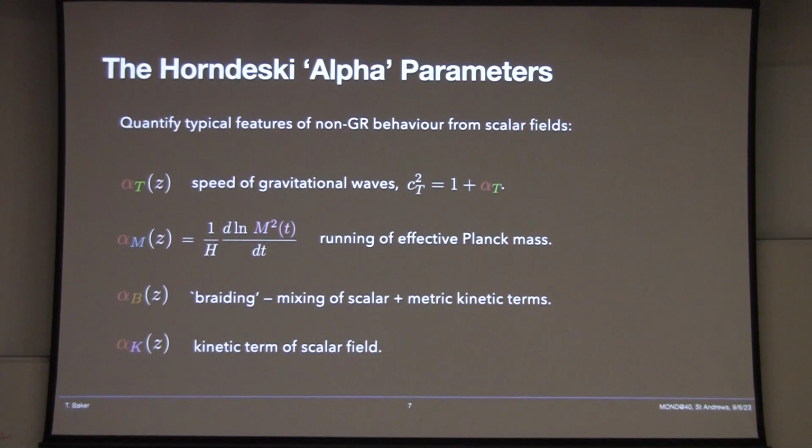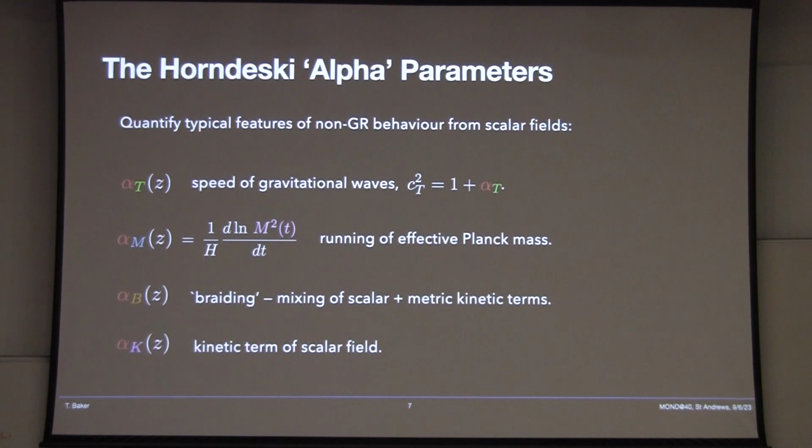So do we have a very canonical scalar degree of freedom in our theory, or have we got something with a very exotic kinetic term? That can happen in some theories of dark energy, like K-essence and camouflage. Those are our 4 parameters that describe linearized cosmology with an extra scalar degree of freedom.